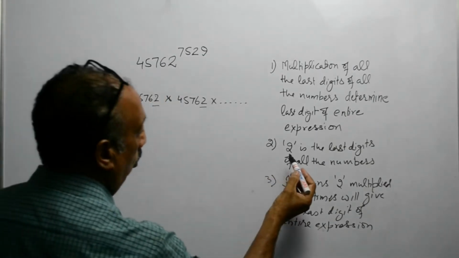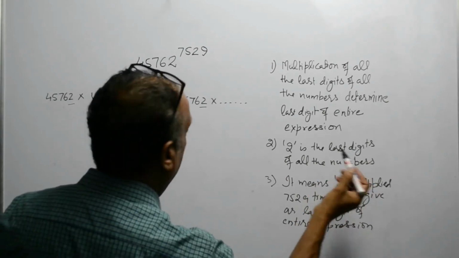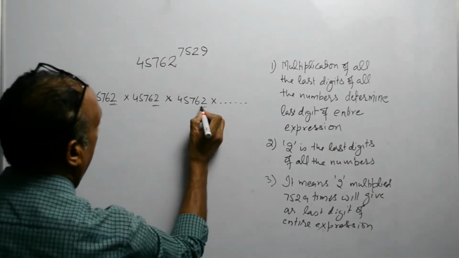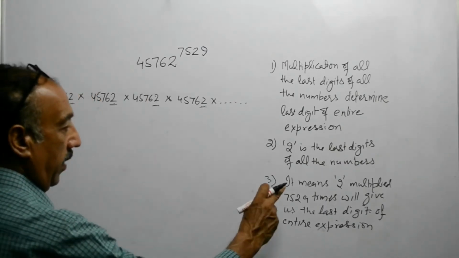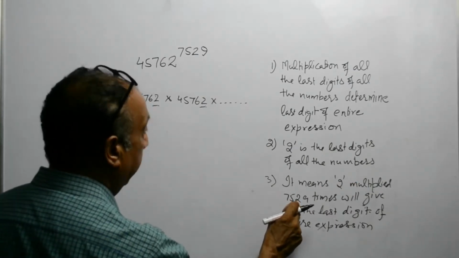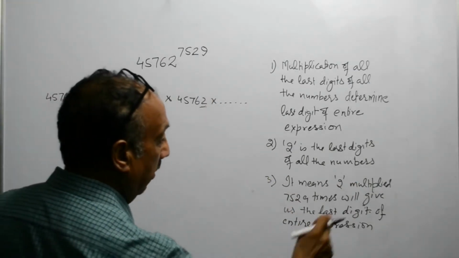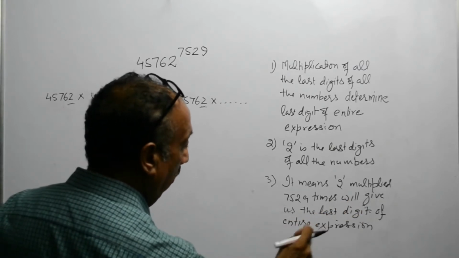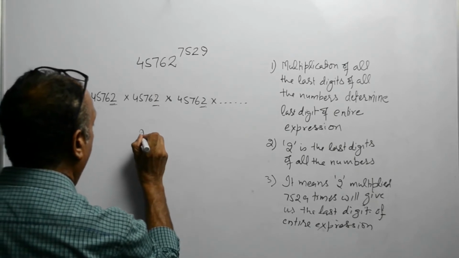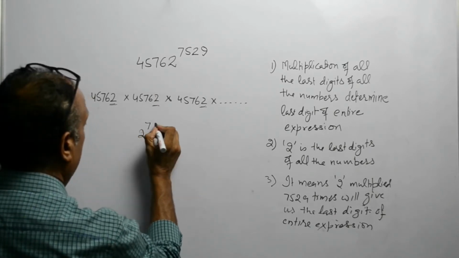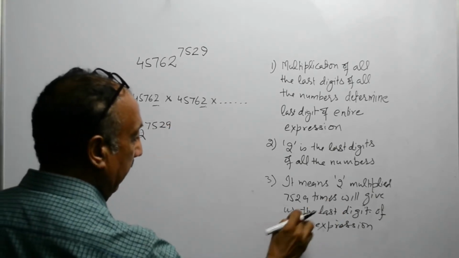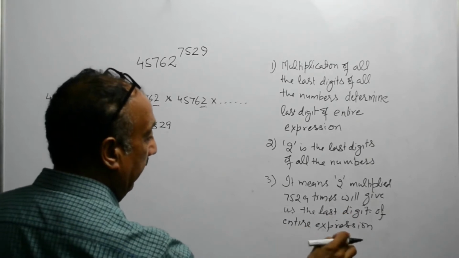Number 2. 2 is the last digit of all the numbers. Everywhere the last digit of the numbers is 2. It means 2 multiplied 7529 times will give us the last digit of entire expression.